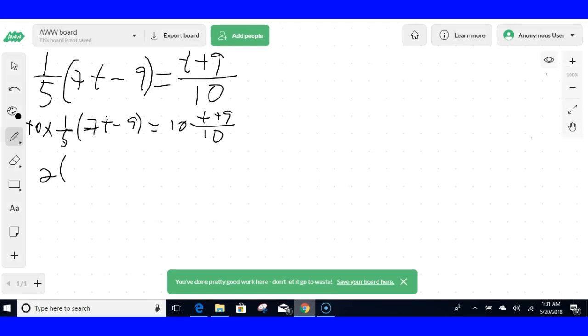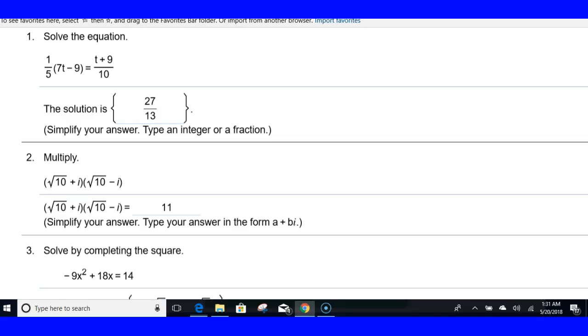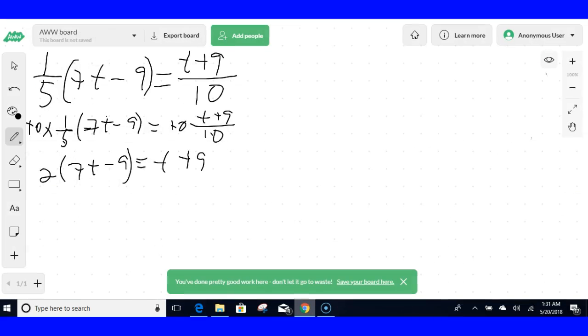Let's eliminate, cancel out, so we can use distribution here. 2 times 7 is equal to 14. 2 times -9, that's 18.